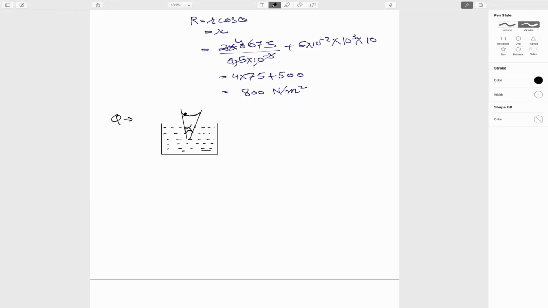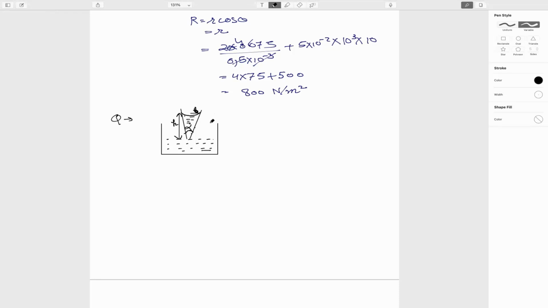There is a liquid rise inside the capillary, and the capillary is something till here. So that is H. This is given as B. B is this radius of the surface.